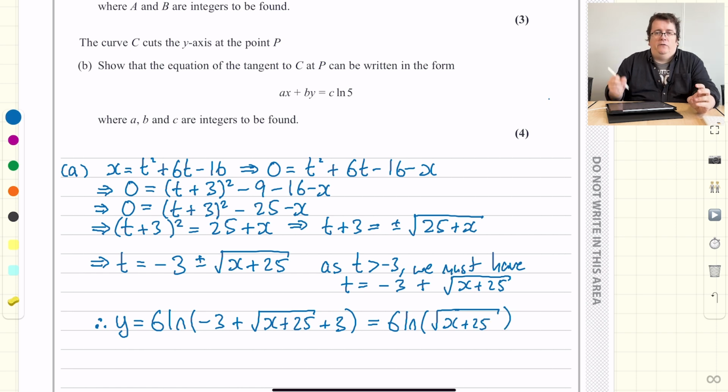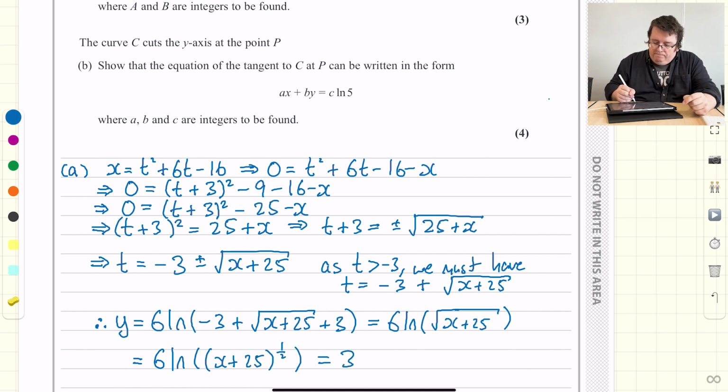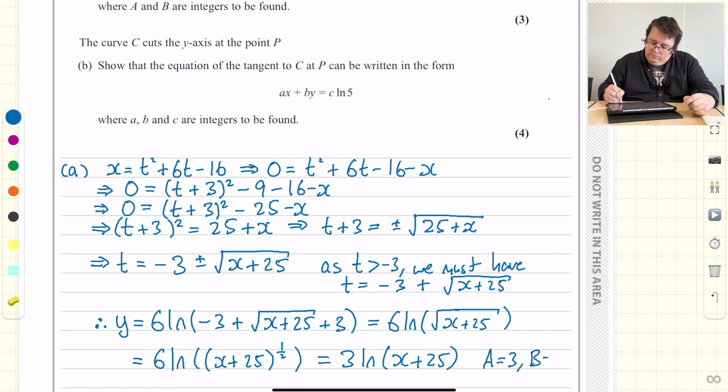And x plus 25 square rooted is x plus 25 to the half. So then we can use the power rule to bring that half down to the front. And then we've got it in the required form. So a is 3 and b is 25.